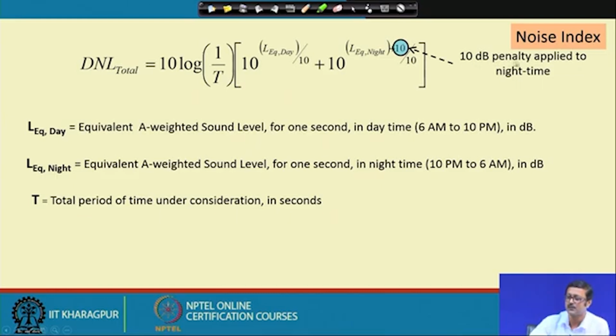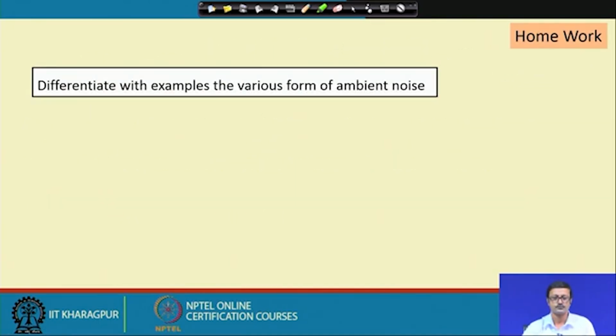The 10 dB penalty is applied for the night time only, there is no penalty for the daytime, and the total period of time in consideration, in seconds, that is how many seconds you have considered for this particular time data, has to be taken into account. This is the L equivalent for how long a time duration has to be taken care of.